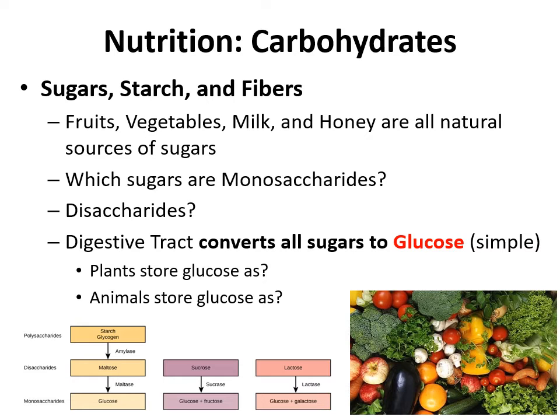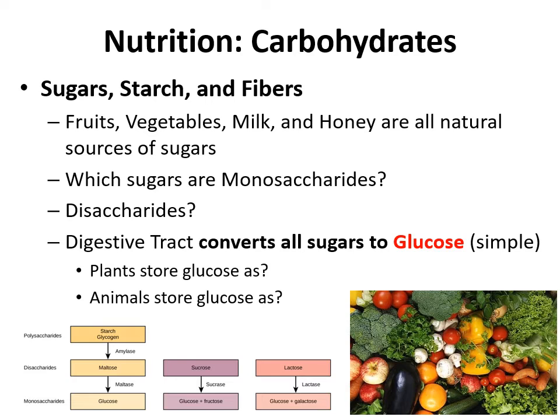Now, we mentioned already how those carbohydrates are getting digested. So remember the enzyme amylase. So amylase in the mouth helps start the digestion, and then in the duodenum, in the small intestine, there was also amylase. So in the mouth and the small intestine, you were getting a lot of breakdown of carbohydrates.